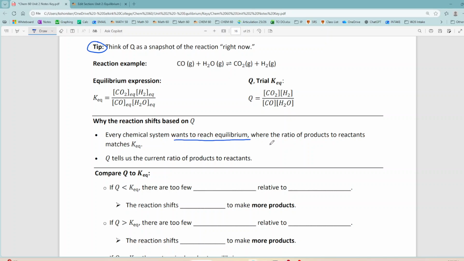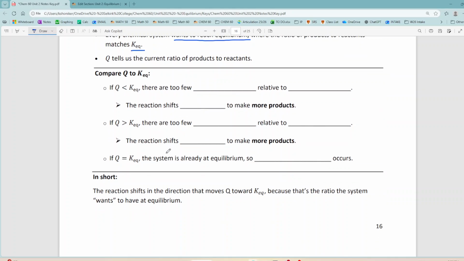That's its goal, where the ratio of the products to reactants is this KEQ value, whereas Q tells you the current ratio of products to reactants. Therefore, you know that the reaction is going to shift left, right, or not at all, so that Q can match KEQ. So there are 3 scenarios that are going to happen.